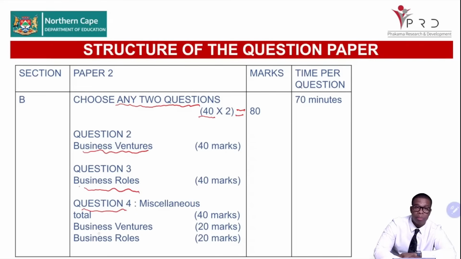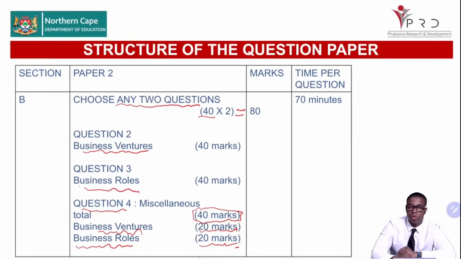This is a combination of business ventures subtopics together with business rules subtopics, and the business rules are allocated 20 marks, whereas the business ventures are also allocated 20 marks, making the total of question 4 to be 40. So therefore, it means you should equally know your business rules and your business ventures.